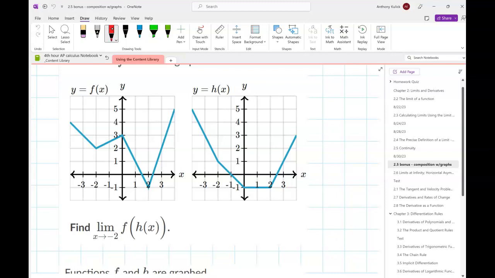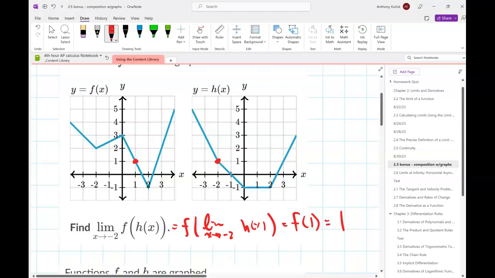If that's the case, this turns into f of the limit as x approaches -2 of h of x. So I locate -2 on h of x. That limit should be 1. That's f of 1. I find 1 on f, and that outputs 1, and I'm done.